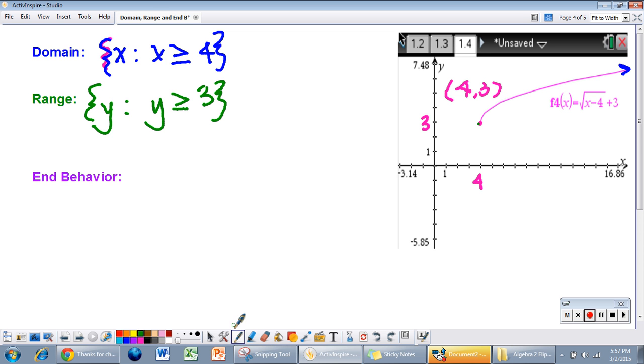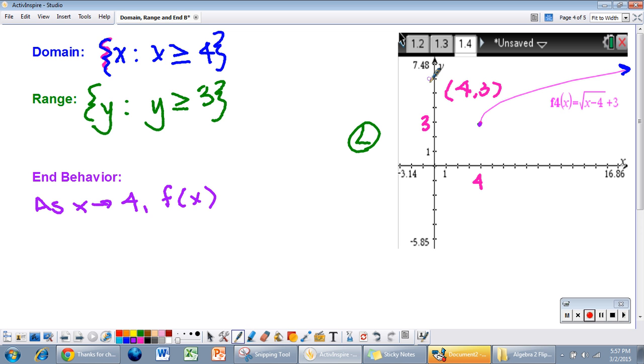The end behavior of this graph on the left-hand side, we're going to say as x approaches what? Well, x is never going to approach negative infinity like our typical statements say. As x approaches positive 4, what is f of x approaching?